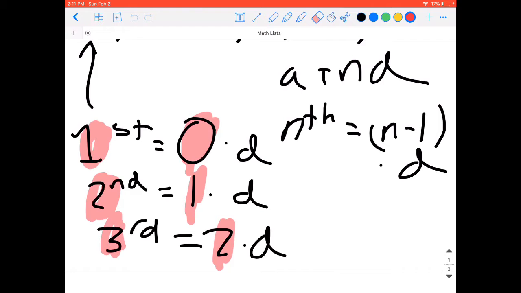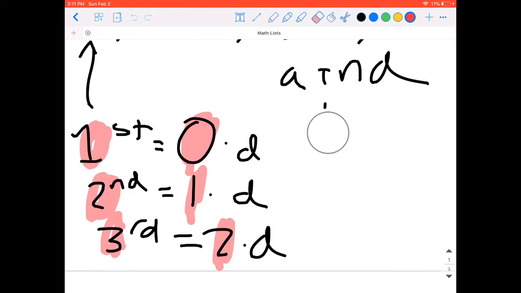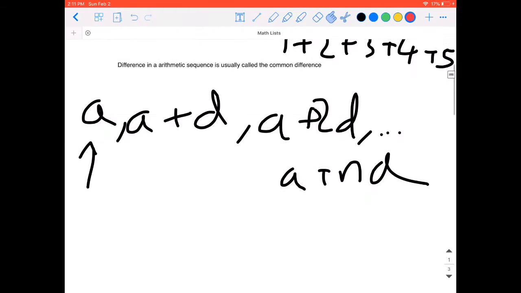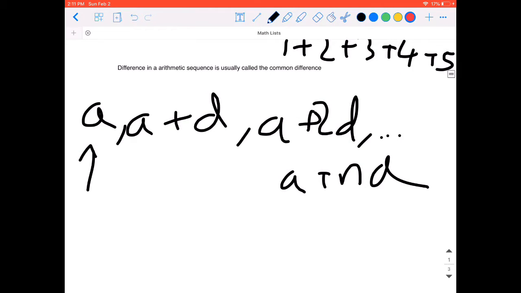So in our sequence here, the number of terms is n plus 1.